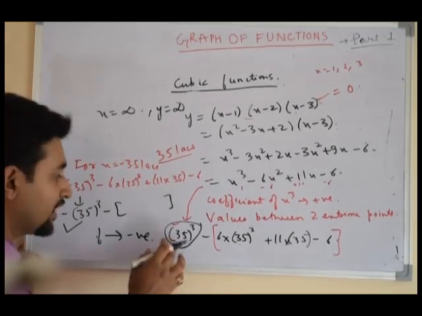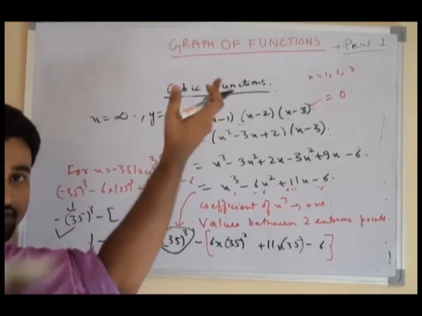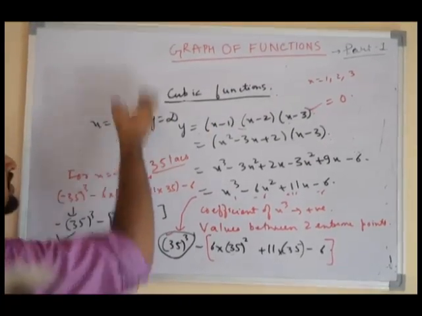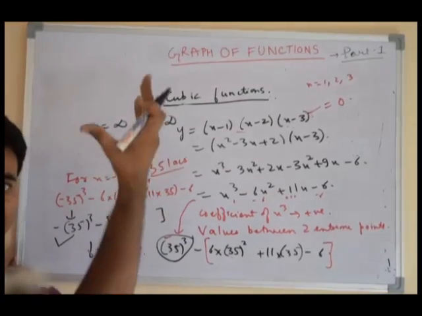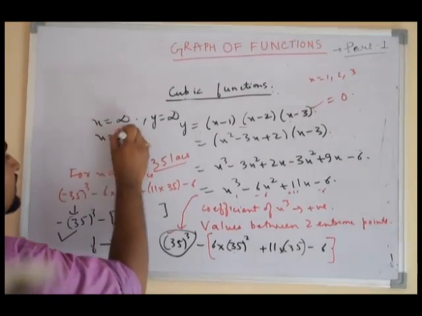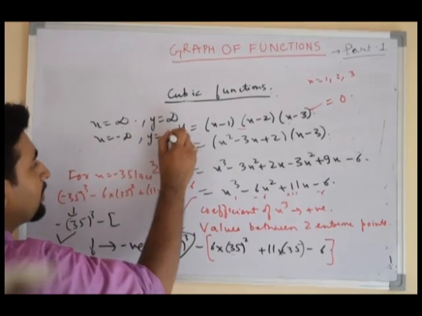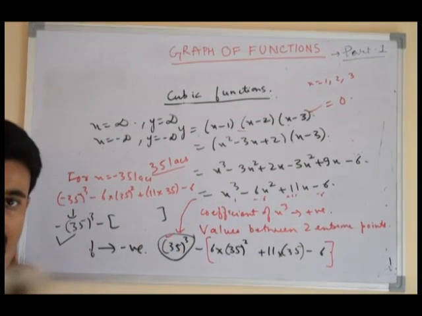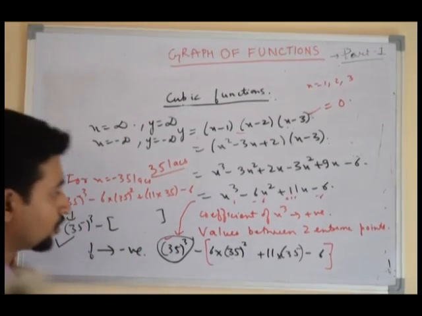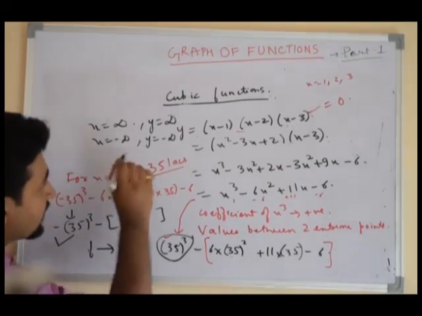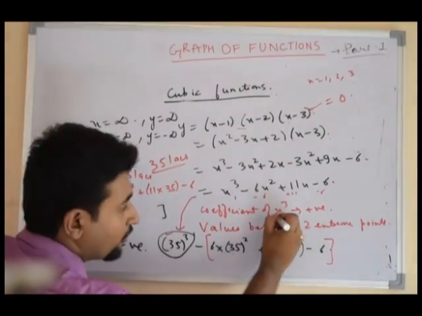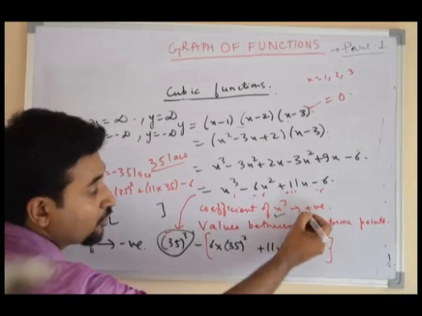As I saw, at x equal to 35 lakhs, y was positive. So here also, if x is infinity, then y will be infinity, a very large number. And if x is minus infinity, y will be minus infinity. Getting it?